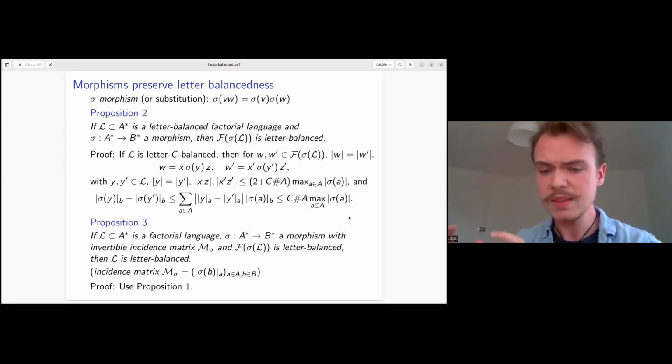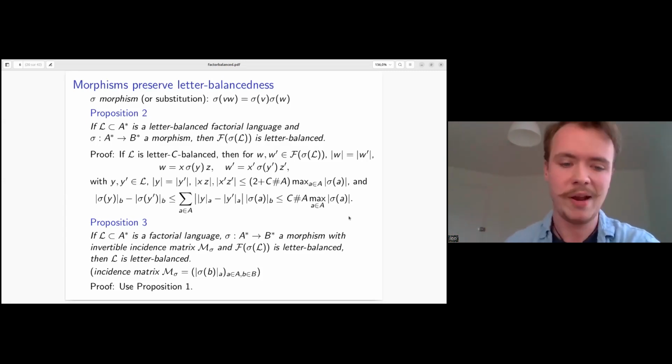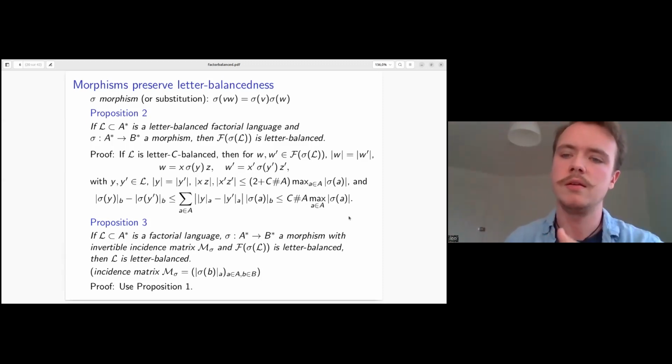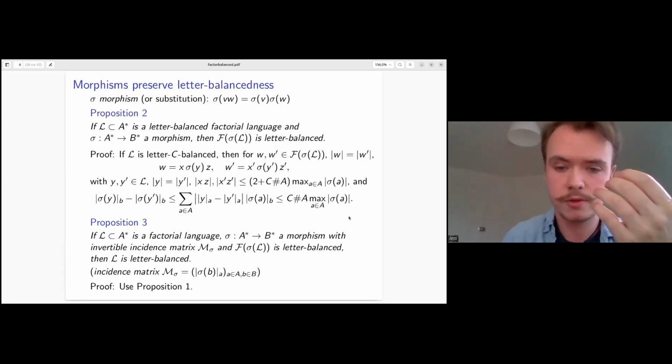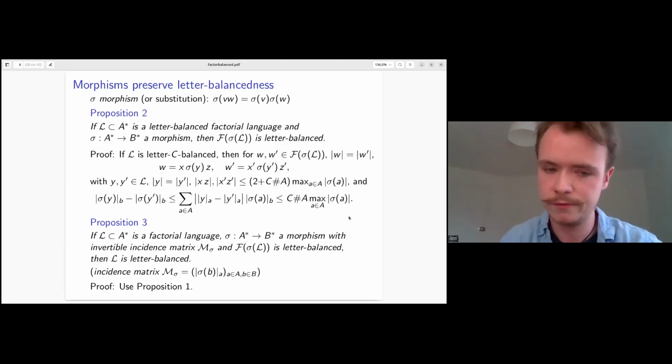And so if they are contained in a strip in F of sigma of L, applying an invertible matrix, which is M sigma minus 1, to that line and to that strip, the image strip in L will remain bounded too. And so that's how you get the reverse side. But you need to have sigma invertible.